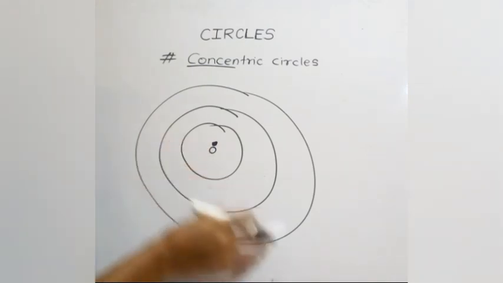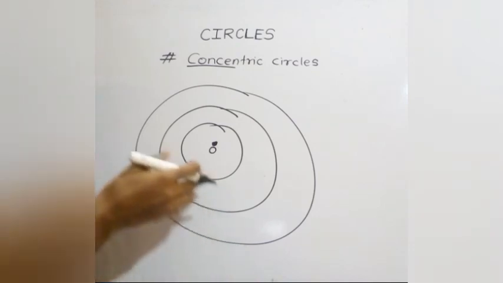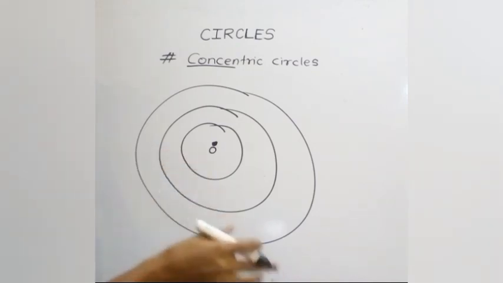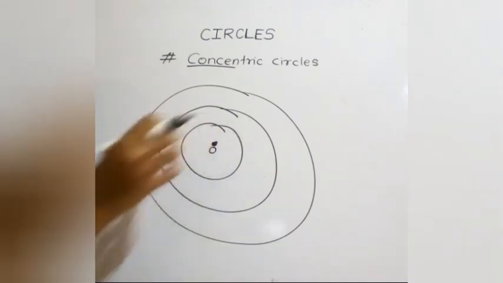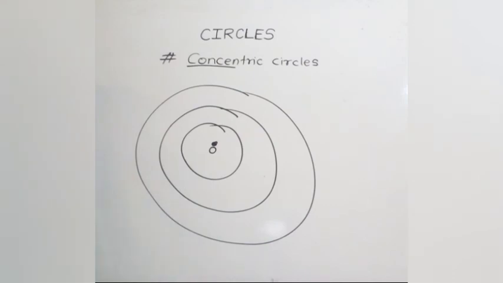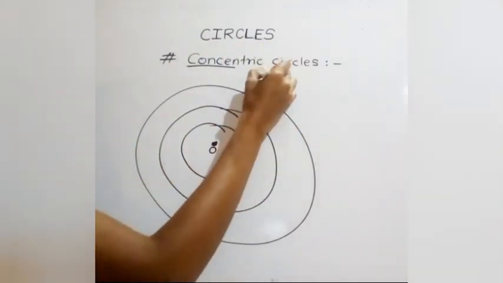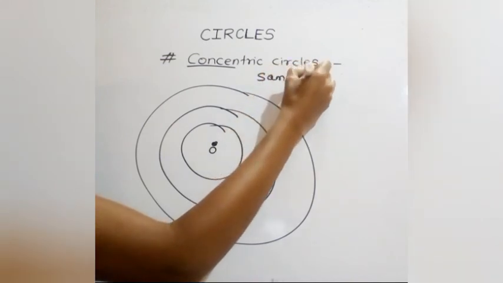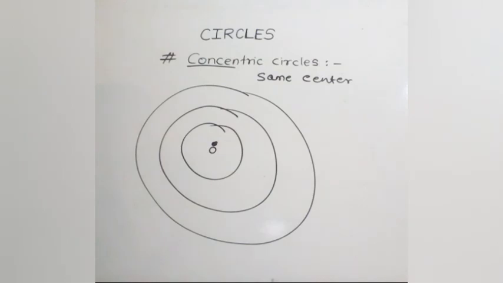How many circles there are depends, but if all the circles have the same center, then all these circles are called concentric circles. Concentric circles means same center, all the circles have the same center.